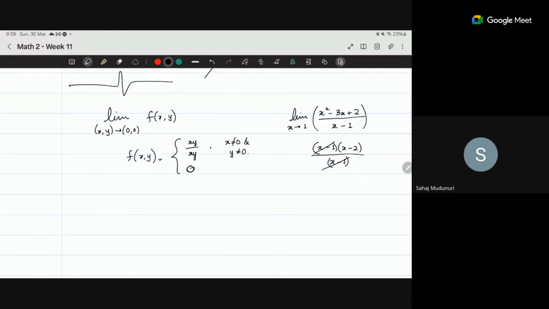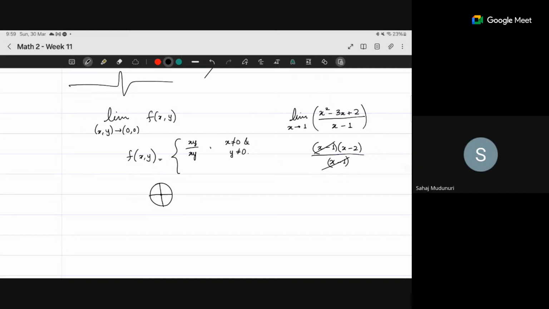But what about the other points? If you want to calculate the limit of some function, you have to give the values in a neighborhood of that point. This expression does not have values on the coordinate axis. It does not exist in the neighborhood of the point for which you're taking the limit.